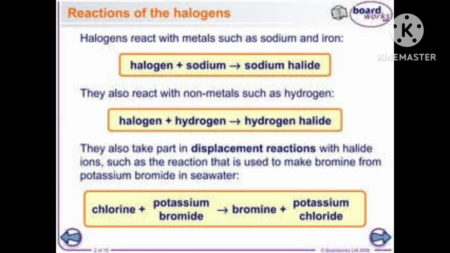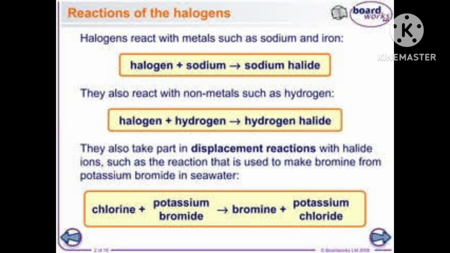The ionic character of the halides decreases in which order? Metal fluoride is greater than MCl, meaning metal chloride, and MCl is greater than MBr, metal bromide, and metal bromide is greater than metal iodide.